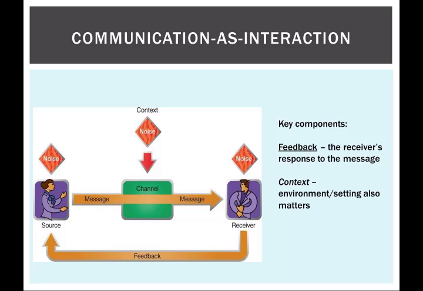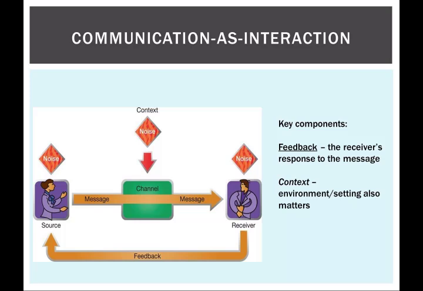Context, on the other hand, is the environment or setting in which the interaction has occurred. So context can be physical in that it is where you actually are having that interaction. The context could be something that's informal, like a social context where you might be talking with friends at your house.